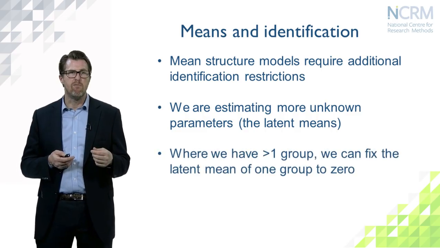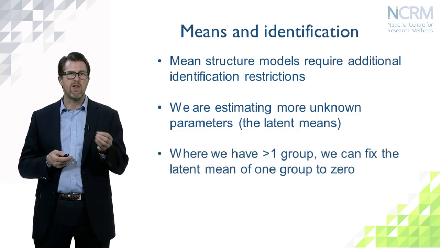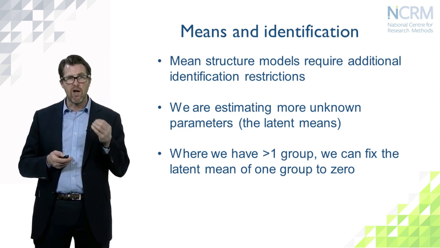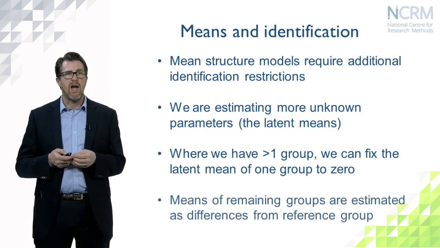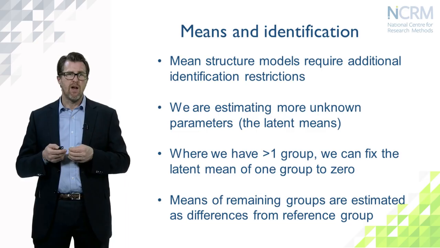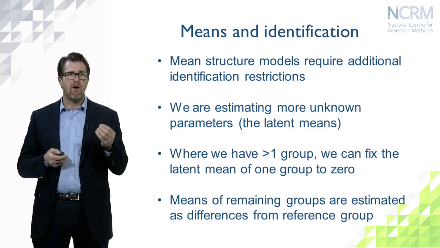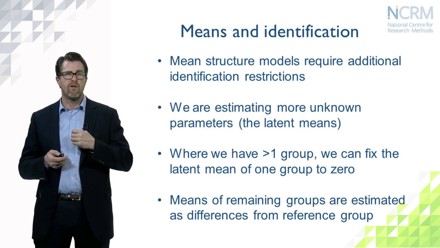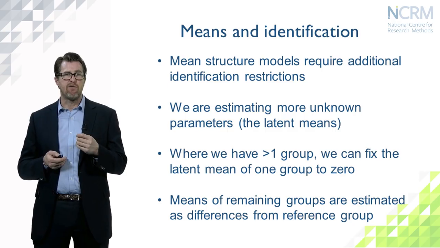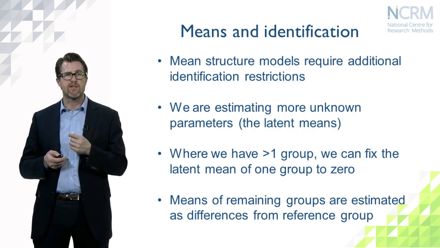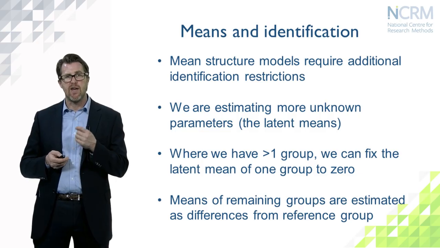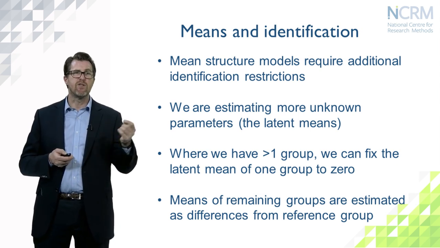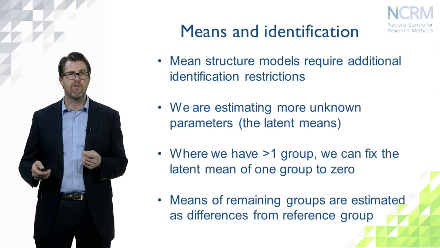So where we have more than one group in our sample, then we can fix the mean of a latent variable in one of those groups to be 0, and then the means of the remaining groups on that latent variable are estimated as differences from the reference group. So with mean models in CFA, one of the groups always has to have a restriction that their mean value is 0, then the other groups are interpreted in terms of differences from that reference group.